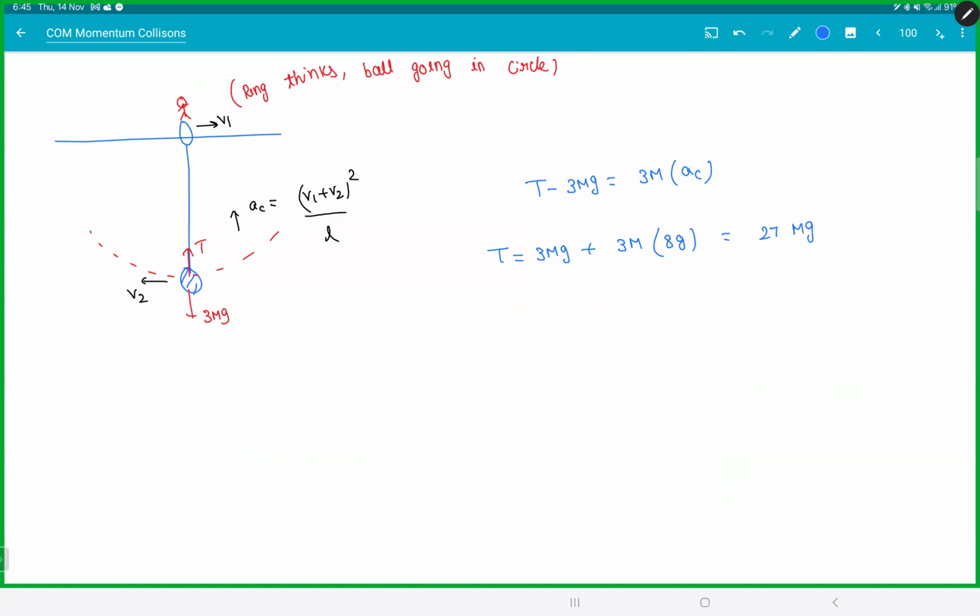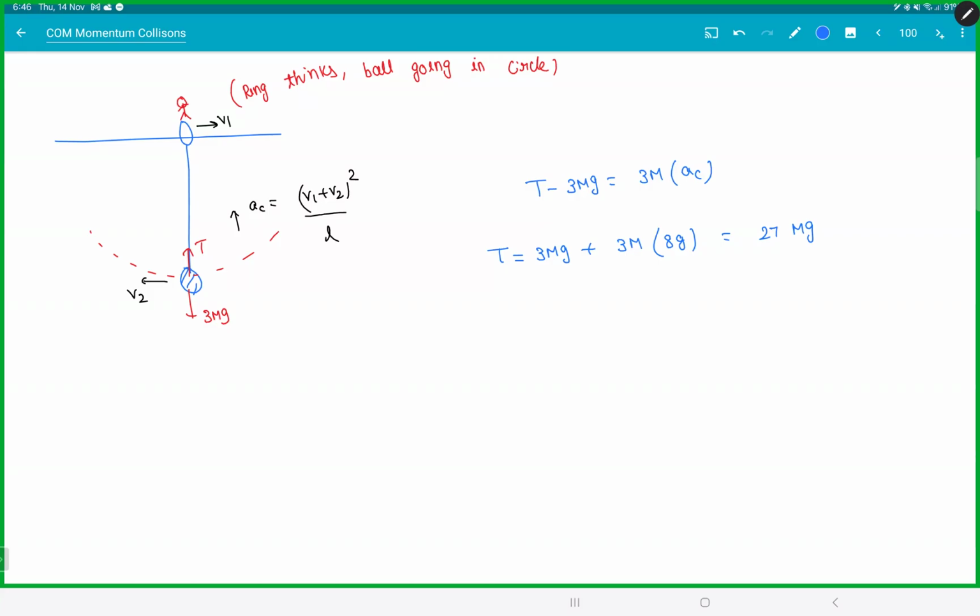Check your steps. Any doubts on this? Clear, everyone?